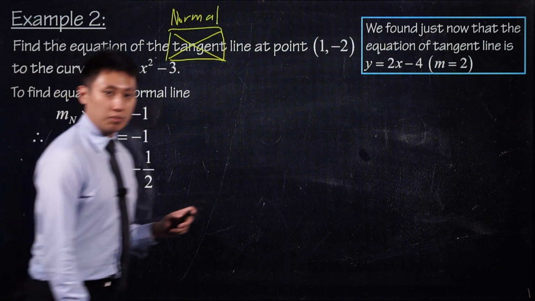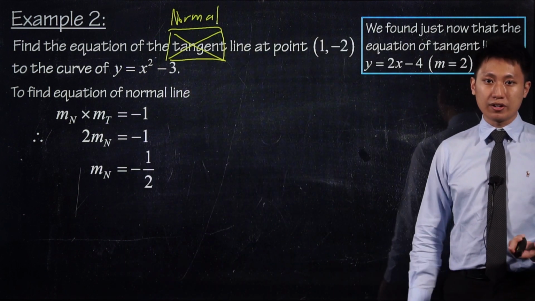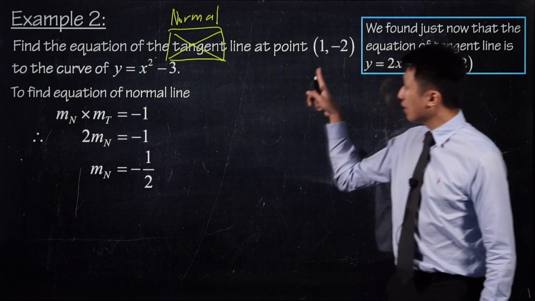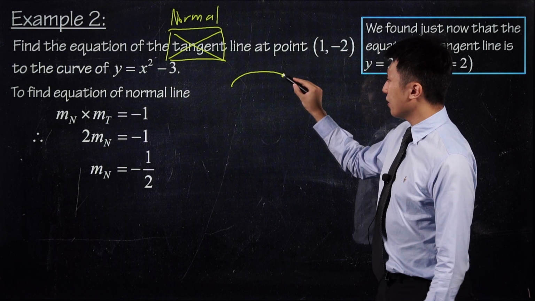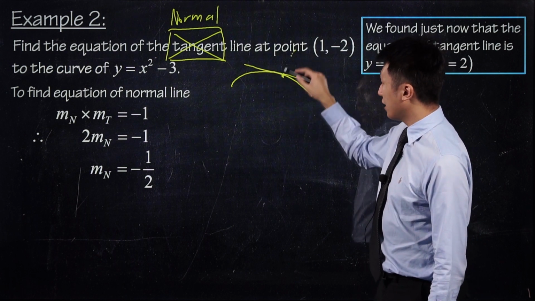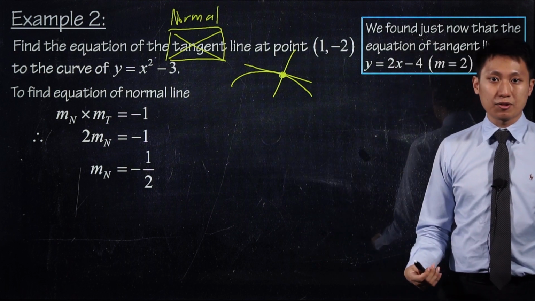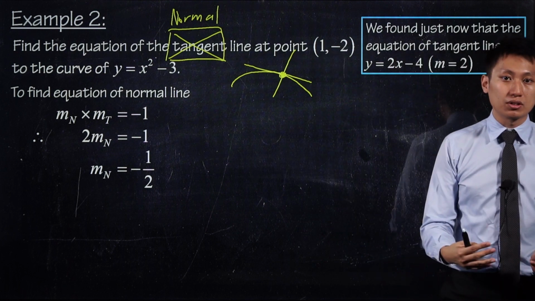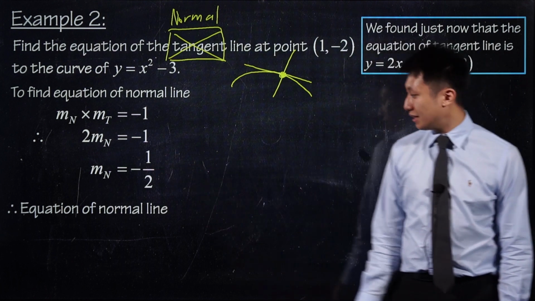If you get this slope, what do you need to find the line? A slope and a coordinate. Why? Because let's say this is a curve and this is a point, the tangent line and normal line share the same coordinate, so this one still can be used. Then y is equal to -1/2 x plus c.